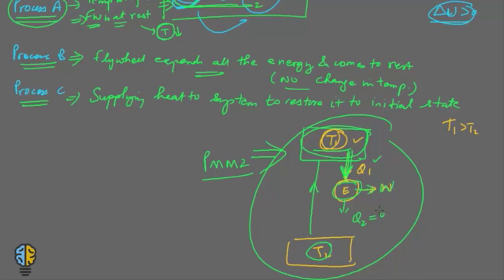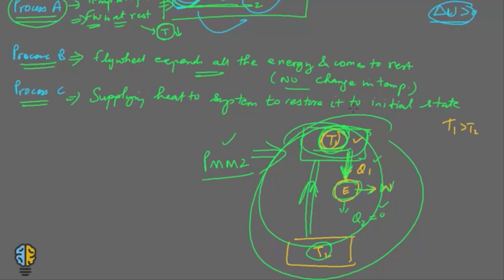There is no heat rejection, and because the temperature starts to come down, you supply heat from some other source to maintain the initial state of the system. So this eventually becomes a PMM2, violating the Kelvin-Planck statement, which is not possible. So the reverse of the braking process is not possible.